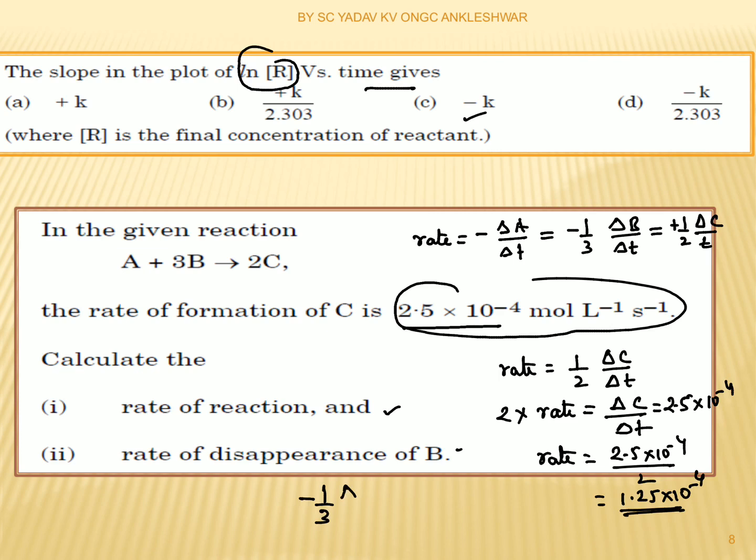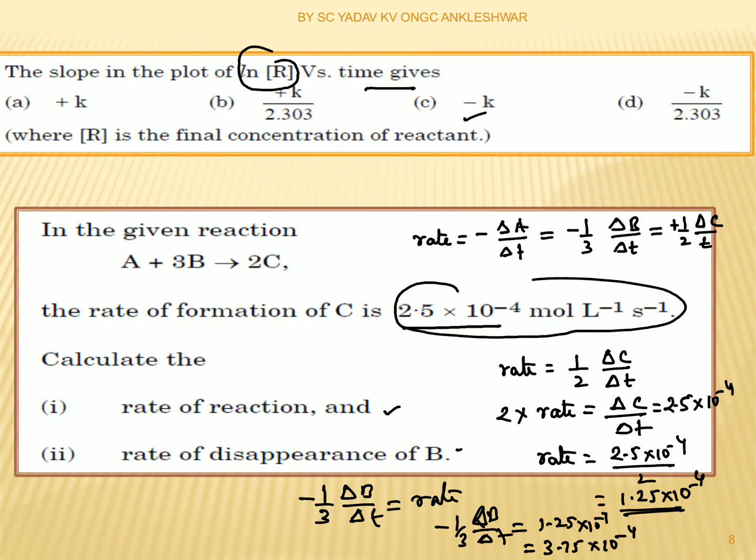What is the rate of disappearance of B? Just see, rate of disappearance of B: minus 1 by 3 delta B by delta t is equal to rate, and you know that the rate of reaction is 1.25 into 10 to the power minus 4.